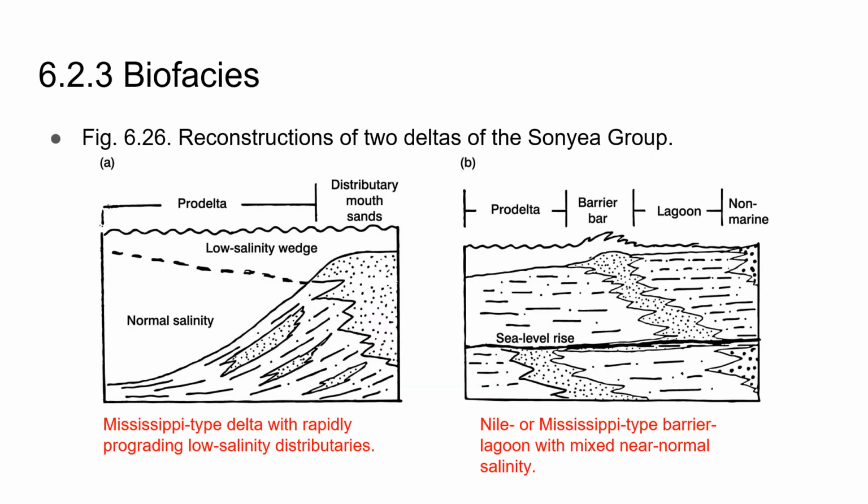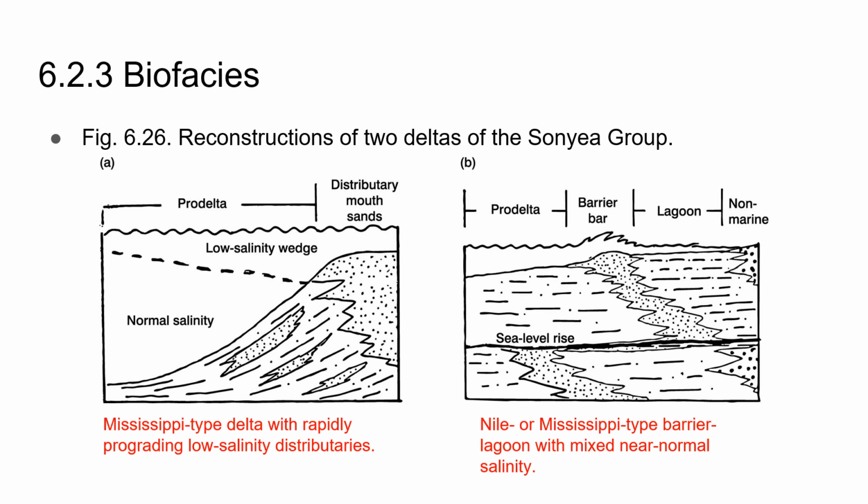And so figure 6.26 kind of shows some reconstructions of these two deltas that we just discussed in the Sonia group. Part A, this is what we saw with our first, the lowermost delta deposit, where you have a chemical difference between low salinity and normal salinity wedge, and this is where we're getting our different biofacies.